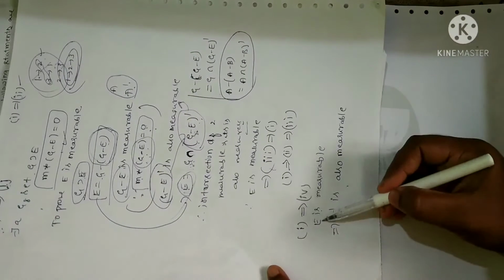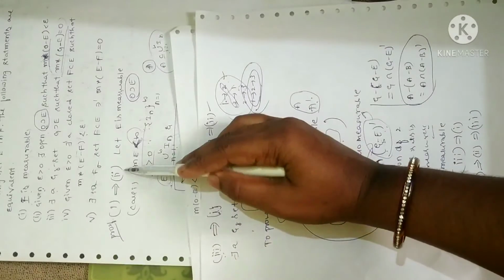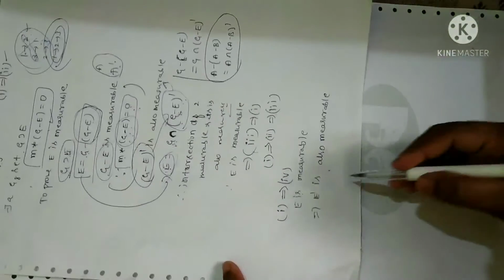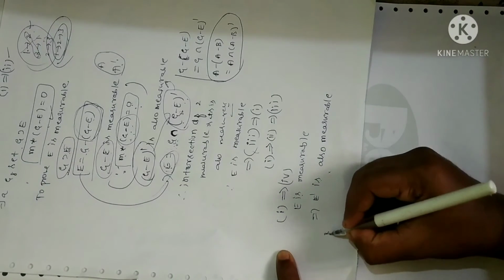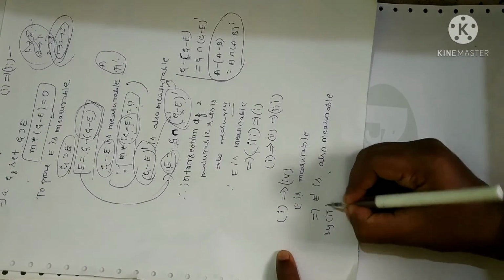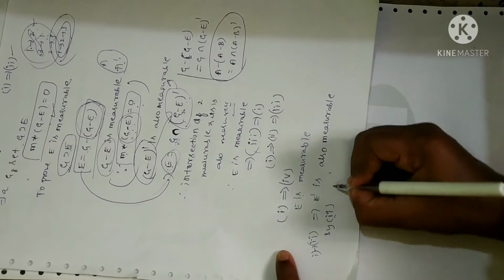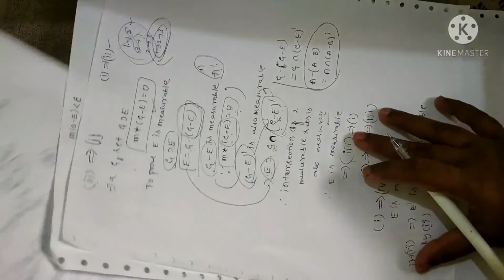See, what I have assumed is equation 1 is true, that is E is measurable. I have already proved that 1 implies 2, so I can make use of equation 2 here directly.